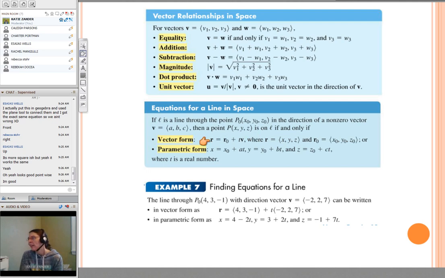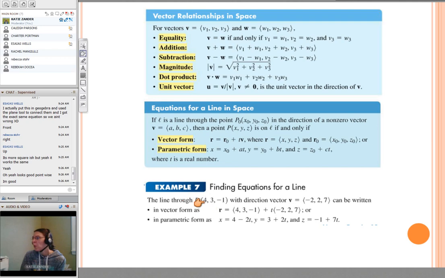Now, once we have it in the vector form here, we can easily go ahead and transform that to our parametric form by taking the value from the first vector and adding it to the value of the second. So down here, if we take a look at example 7, this sounds a lot more complicated than it actually is. It's actually pretty basic.